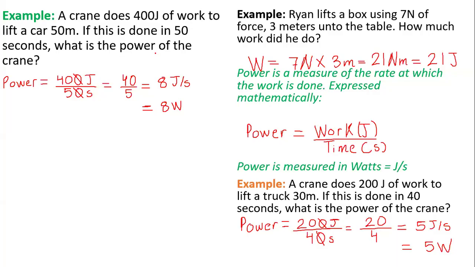So power is the rate at which work is done, right? So all we need to do is find the work and divide it by the time, and that's how we get the power. Does that make sense to you? Good. And then for the work, how is work calculated? Force times distance. Very good.